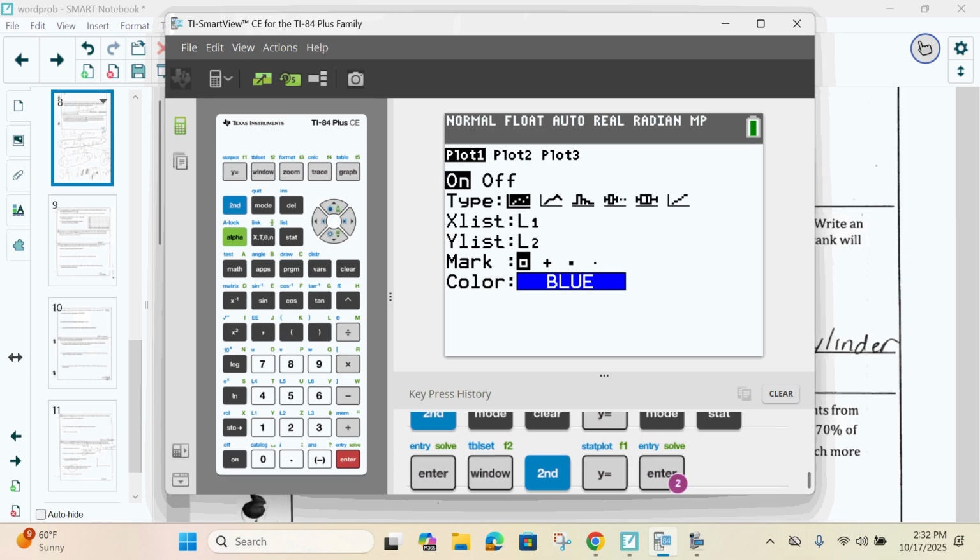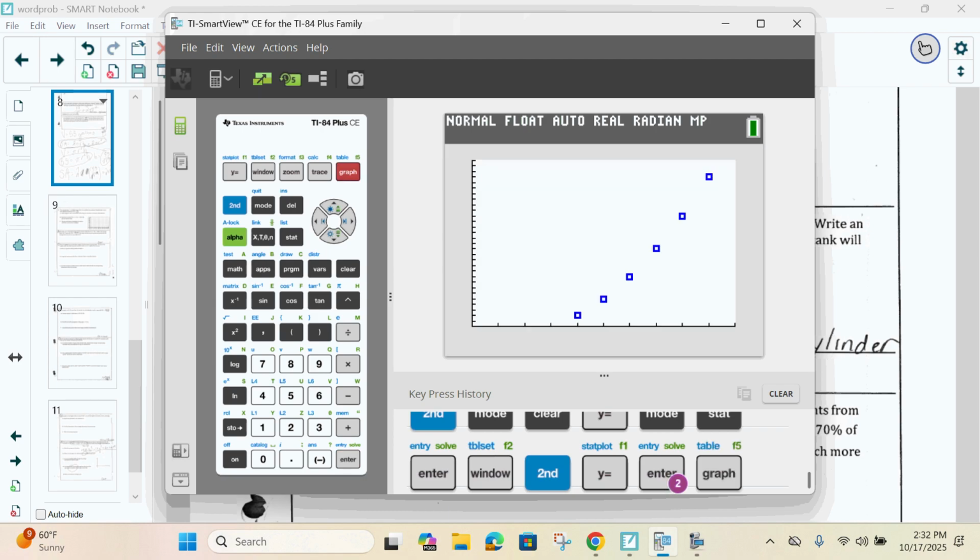We're going to turn it on. Remember, scatter plot, line plot, bar chart, box and whisker. L1, L2. I like the open square at the bottom, and it doesn't matter the colors. Go hit graph, and that's what it should look like. Make sure yours looks like your partner's.